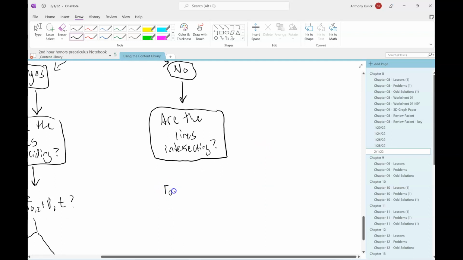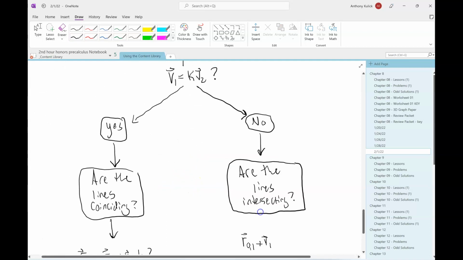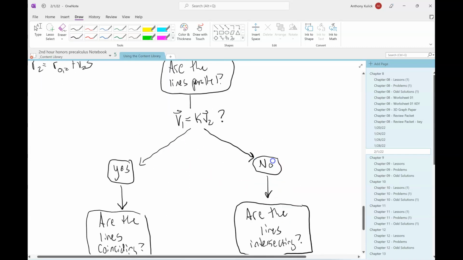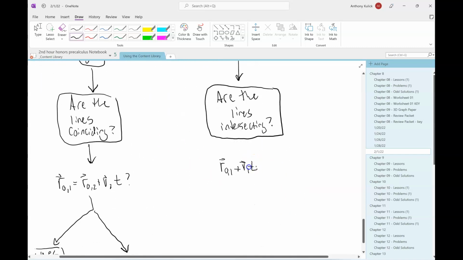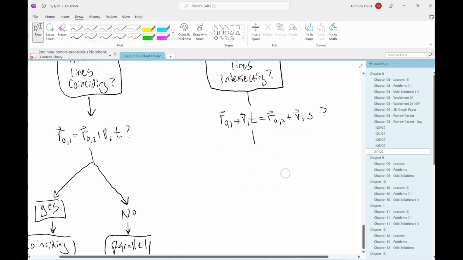So to do that, use t. I need to check to see if line 1 and 2 share a point of intersection.